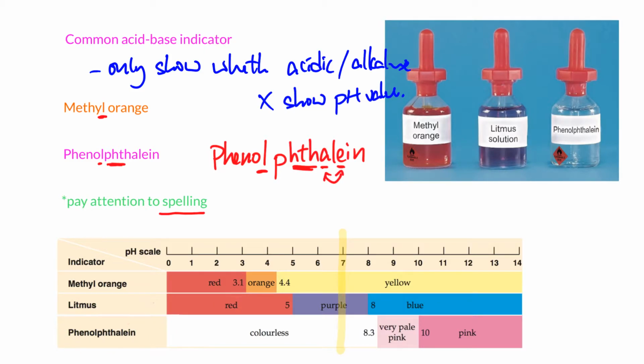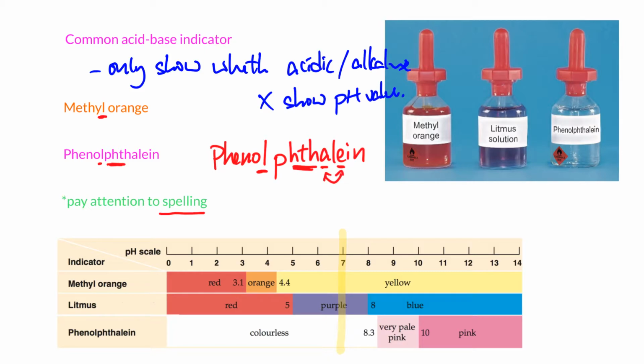But for phenolphthalein, the changing part is on the right-hand side, closer to the alkaline part, so it changes from colorless to very pale pink and then pink. If you take a closer look, the color of the middle one is actually a mixture of two colors.